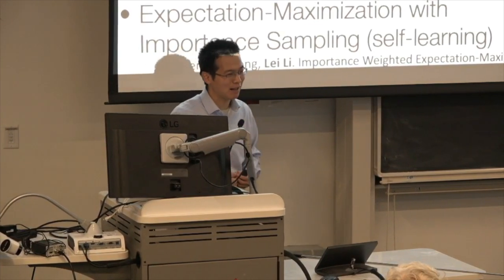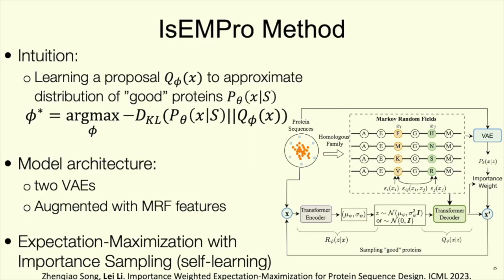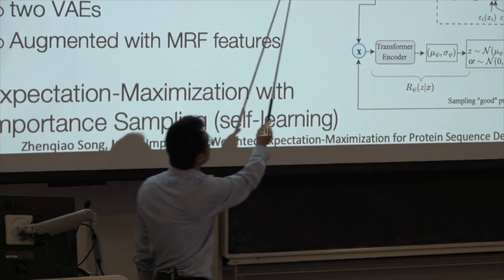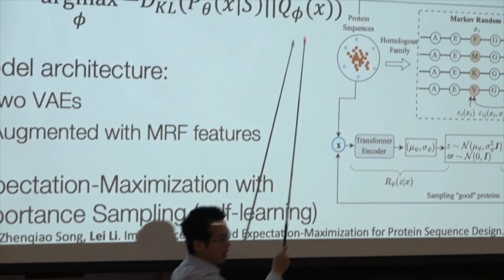Once we have that, we can set up a mathematical formula for the training objective. For example, here we use the KL divergence between the prior high quality conditional probability for the high quality proteins and this variational, approximate one.